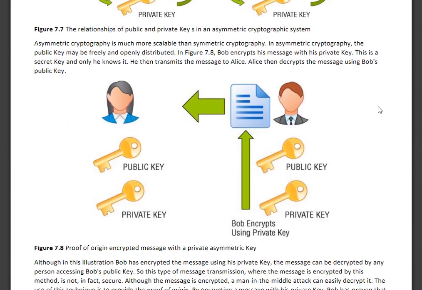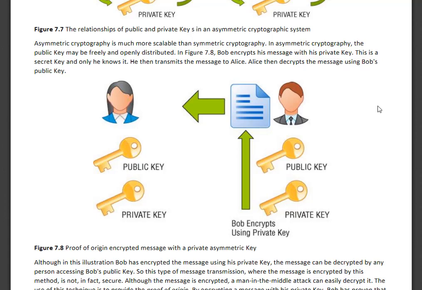So here in our example, Bob encrypts his message with his private key. It's a secret key and only he knows it. He transmits the message to Alice. Alice then decrypts the message using Bob's public key, which he freely distributes. Just as I previously said, Bob has encrypted the message using his private key, so the message can be decrypted by any person with the public key.